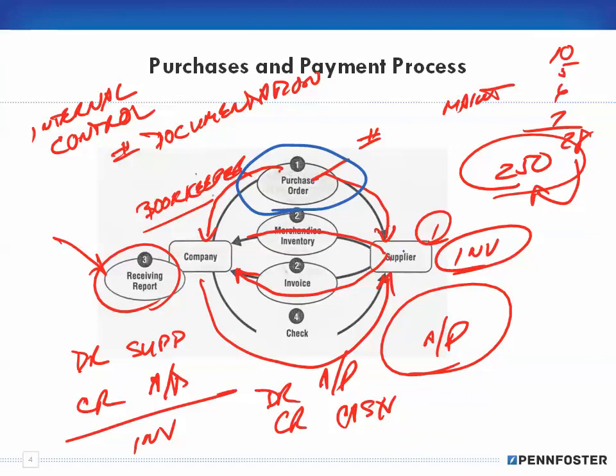Okay, the supplier gets a copy, the maintenance gets a copy, the accountant gets a copy. If another department needs it, or it needs to be attached to a receiving report, it gets a copy. But that purchase order is what drives everything. What's written on there is what should be received.